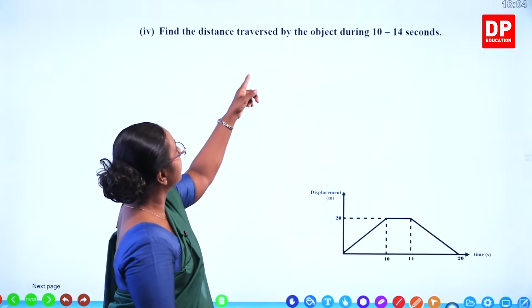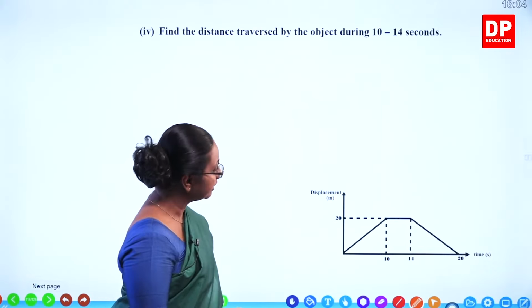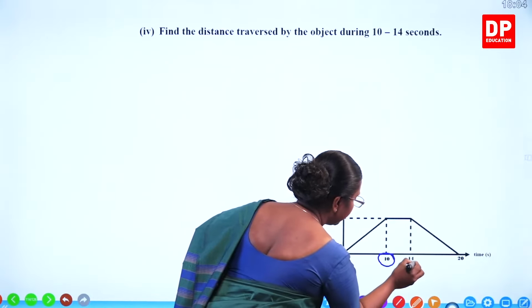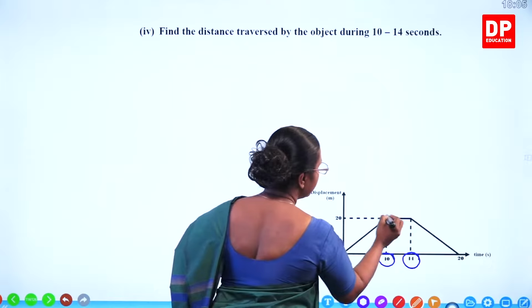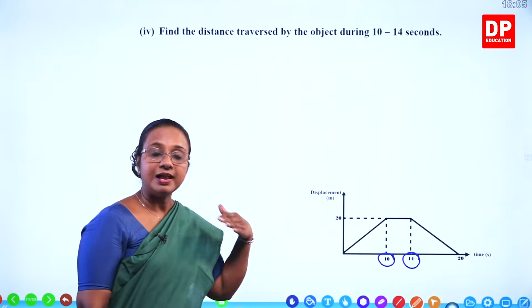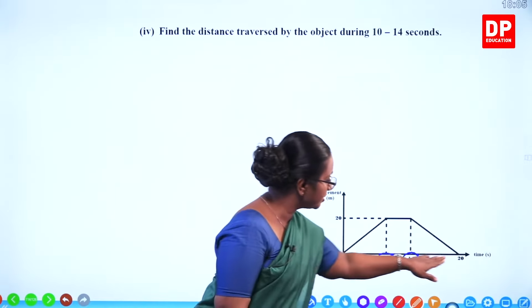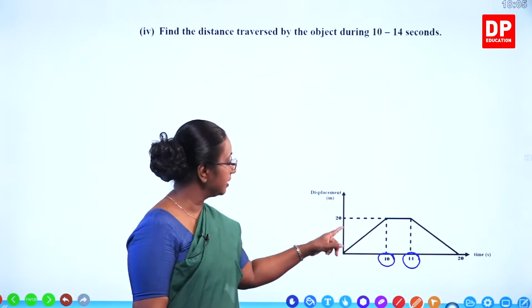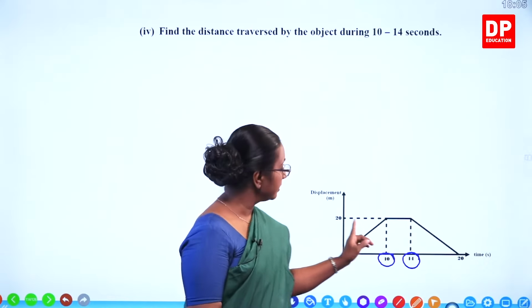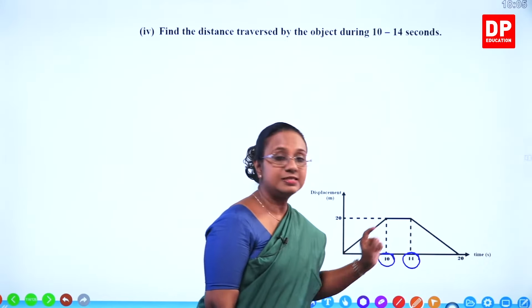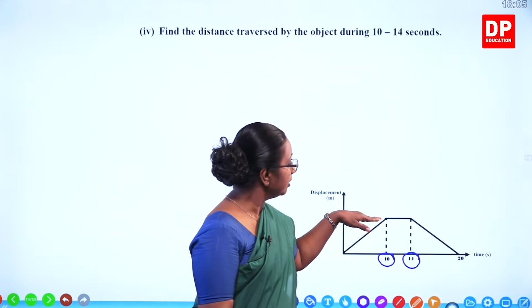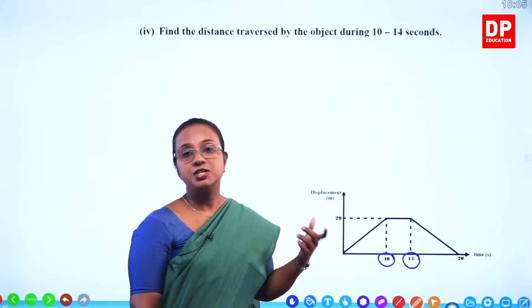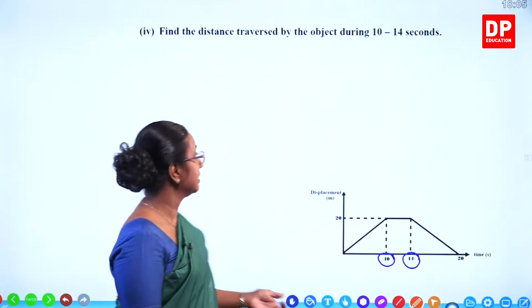Find the distance traversed by the object during 10 to 14 seconds. So, if we consider the time period 10 to 14 seconds, you can see it is a flat graph, a straight line parallel to the x-axis. So, that means when we look at the displacement, it does not change. The displacement is in the same position. So, the object is not moving. That means the object is not traveling a distance.